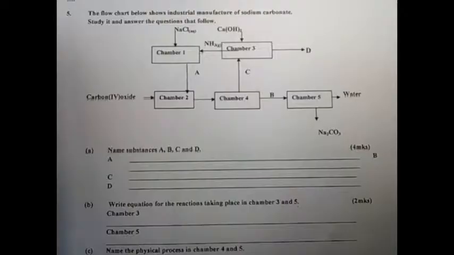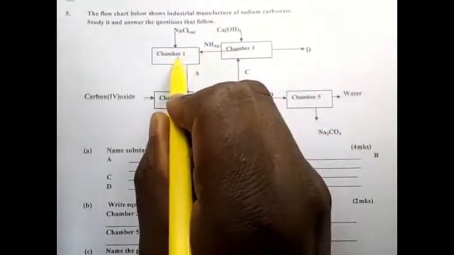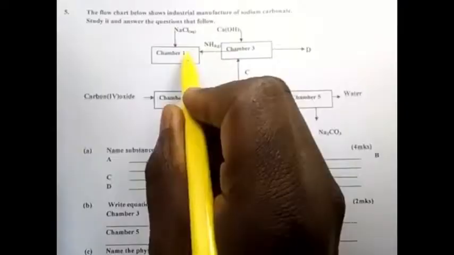Questions that follow. Now you look at the question. We have been given chamber 1, chamber 2, chamber 3, chamber 4, chamber 5. From the raw materials given, we see ammonia goes to chamber 1. Very important: ammonia is the first raw material. When a process is taking place, we must start with a raw material.